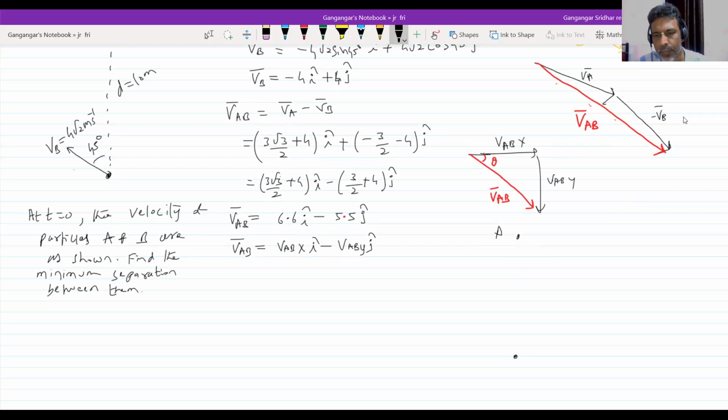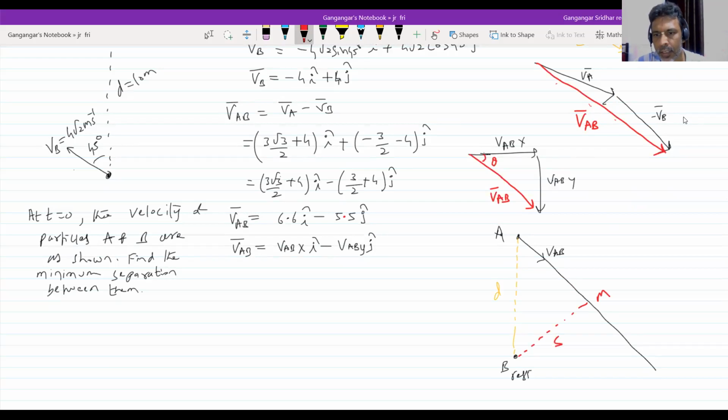A will move in this direction, and this is the distance, the initial separation between them. Here is B. What is the state of B? B will be at rest. Now what is this arrow I'm showing? This is VAB. Is any minimum distance possible? Yes. Here is that minimum distance.